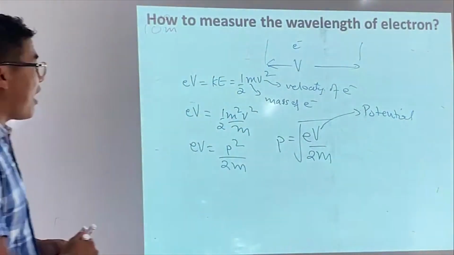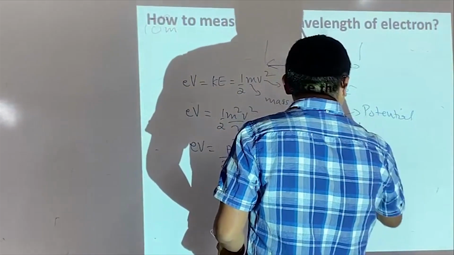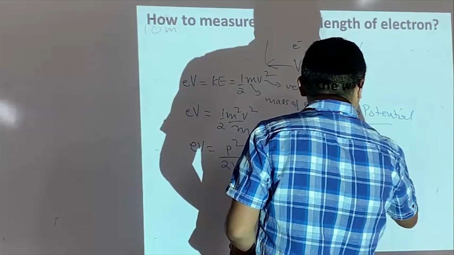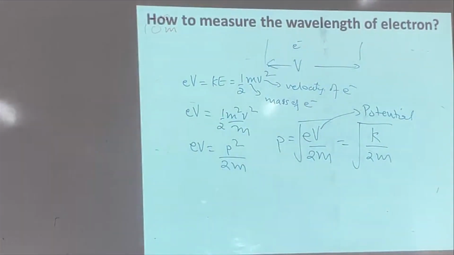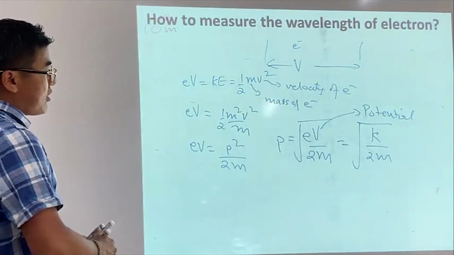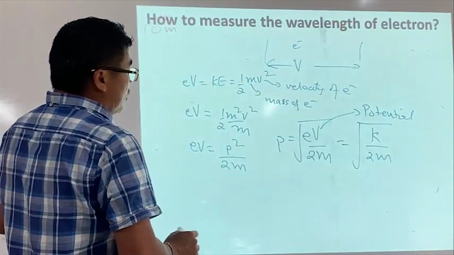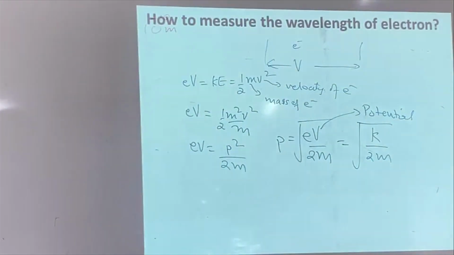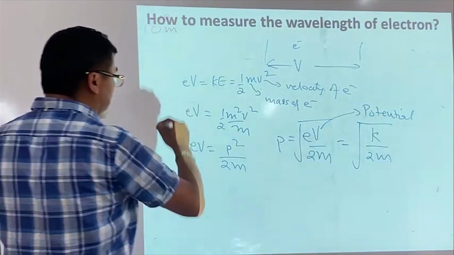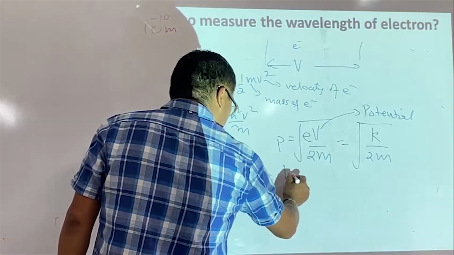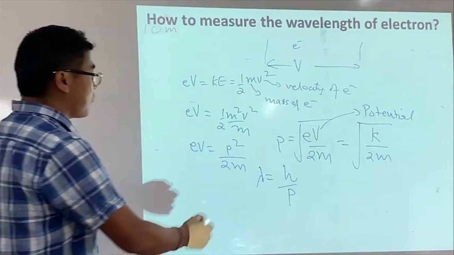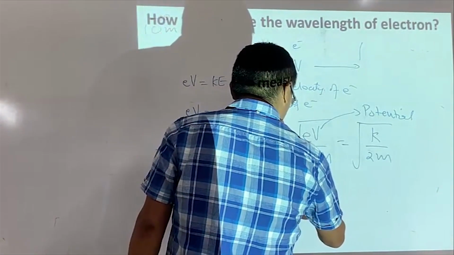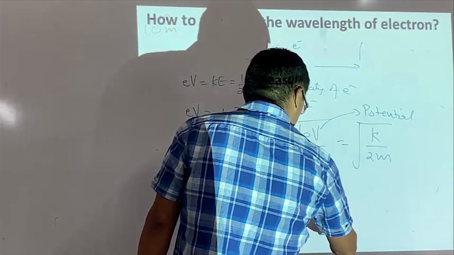Now when I use this with the de Broglie wave equation, which is given by h divided by p, and substitute the value of p, what I get is h divided by the root of 2meV.